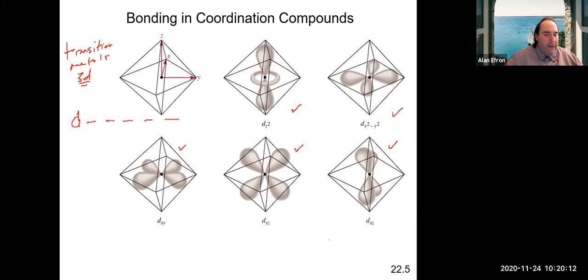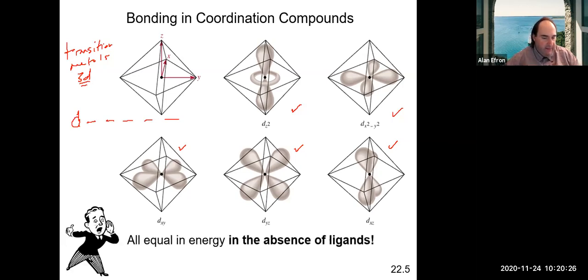Now, when all of our d orbitals are on the same energy level, that occurs when there's really no ligand present. So in the absence of a ligand, all of the d orbitals will be exactly even, like what I drew here.